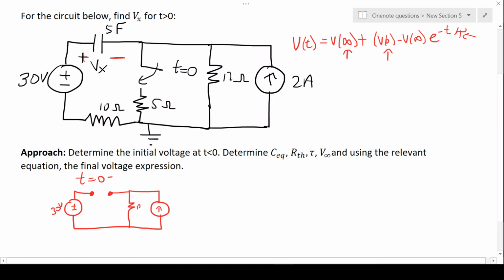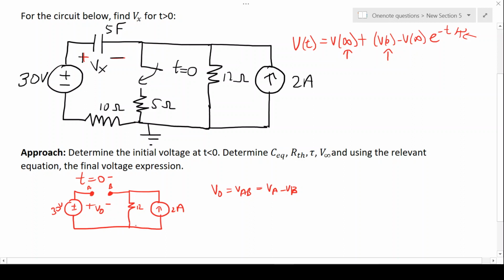This will be 12 ohms, and that will be 2 amps. And we're looking for the voltage plus minus VO. And let's call this A and B. So we can say that VO can be seen as VAB, which is VA minus VB.